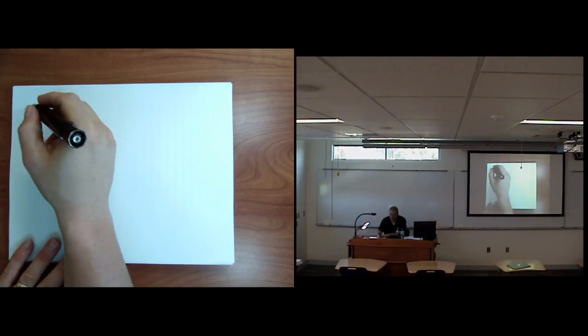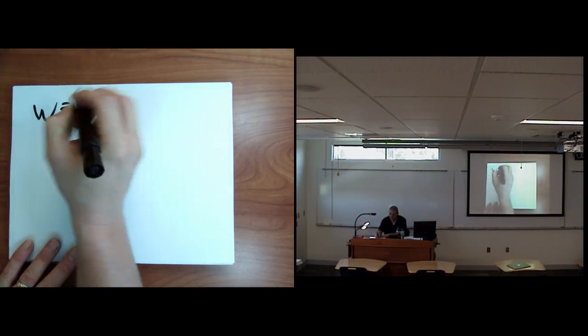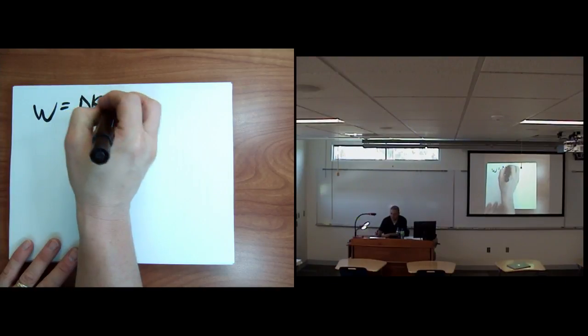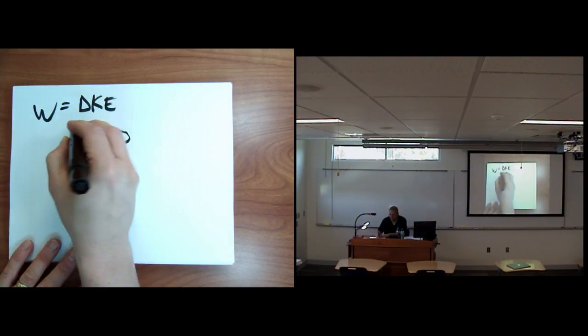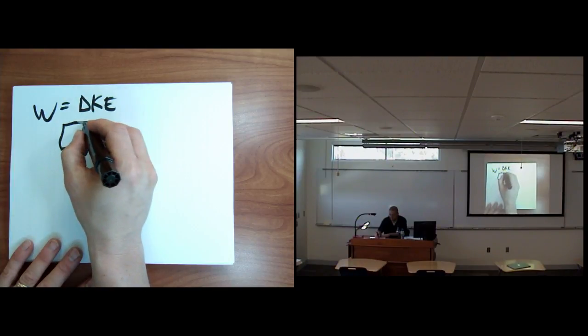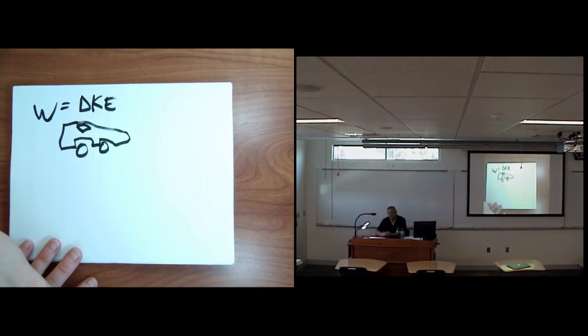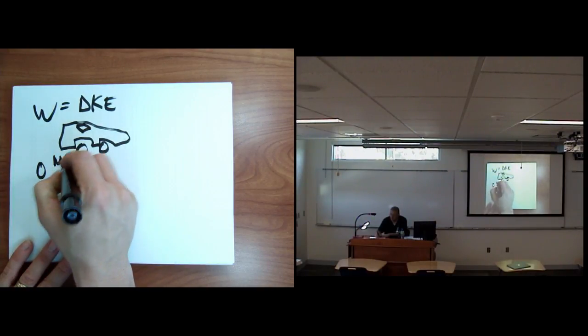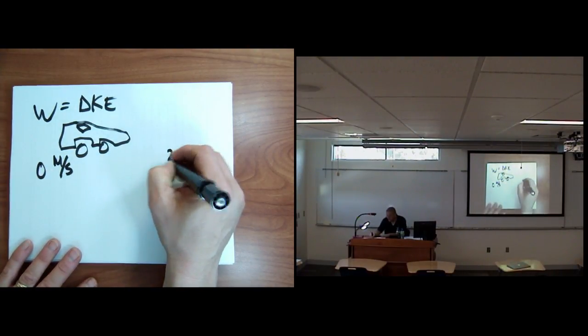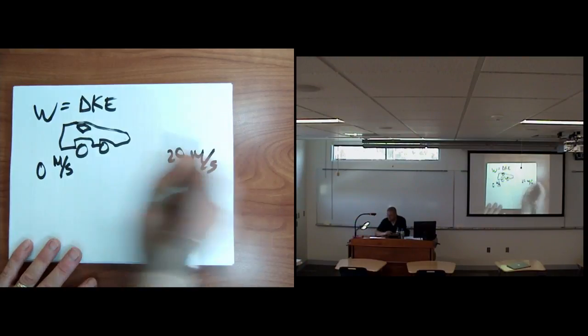But if work equals the change in kinetic energy, and we have a car that we're pushing along in the same direction that it's moving, my cool car, and it starts off at 0 meters per second, and it ends up at 20 meters per second, right?